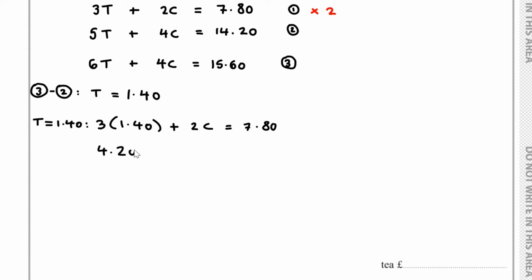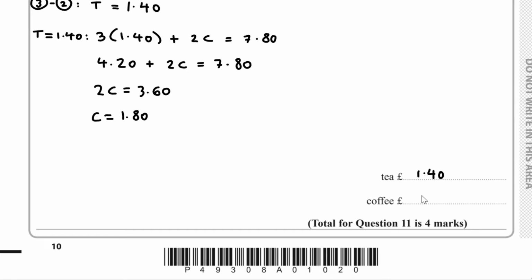So we've got 420 plus 2c equals 780. If we subtract 420 from both sides, 2c is equal to 780 take away 420, which is 360. Now if we divide both sides by 2, you will find c equals 180. So we have t equals £1.40 and c equals £1.80.